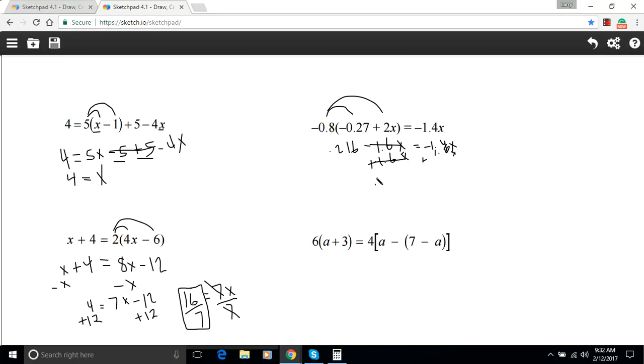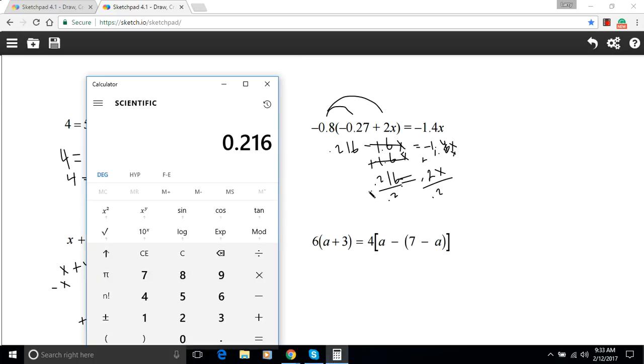I still have my 0.216, and then over here a negative 1.4 plus 1.6 is going to be 0.2x. And to finish this problem, we're going to have to divide 0.216 by 0.2. This number, this 0.216, is going to get bigger when we divide by 0.2, which might seem counterintuitive, but when you divide by a number between 0 and 1, things actually get bigger.